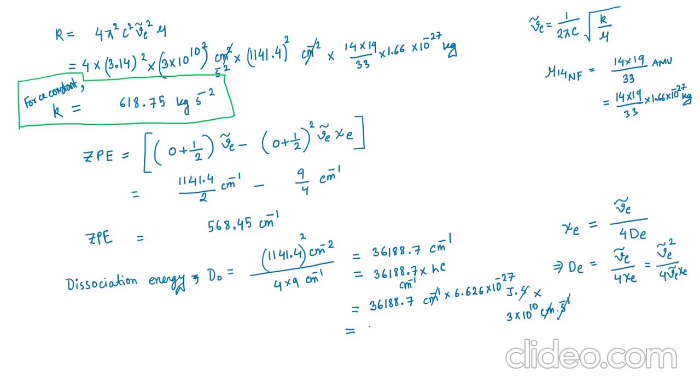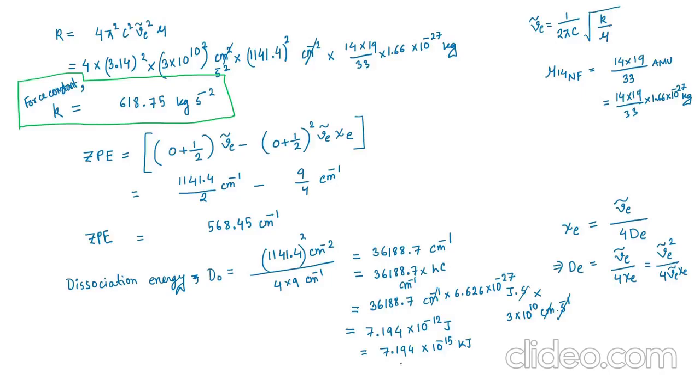So this we are going to get in joules, which is 7.194 into 10 to the power minus 12 joules. In another way, we can write it as 7.194 into 10 to the power minus 15 kilojoules. But this is for one molecule of 14NF.